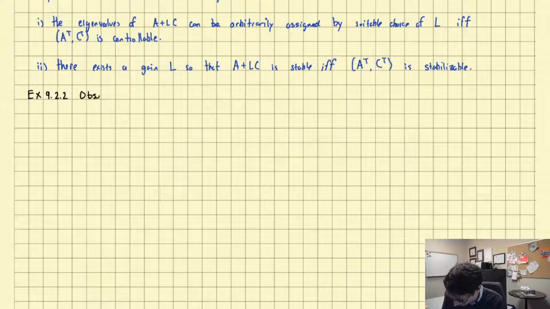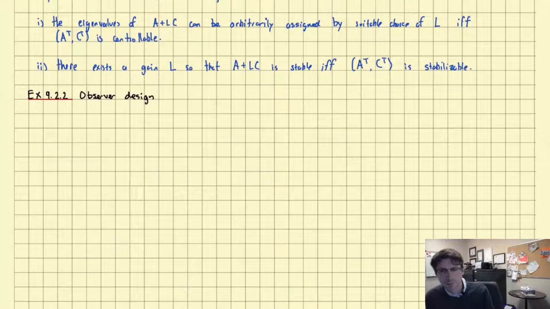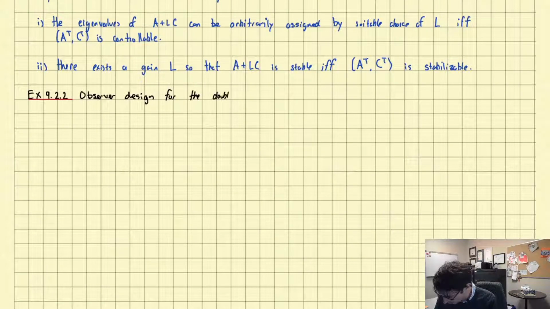Observer design. Okay, and we're going to design an observer for this double integrator system, which we've talked about quite a bit in this chapter. So, for the double integrator.